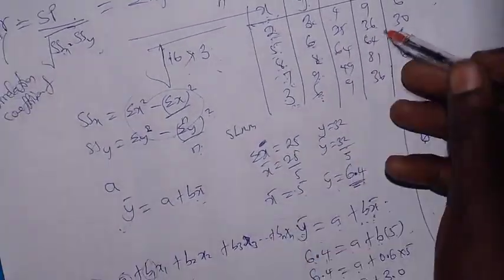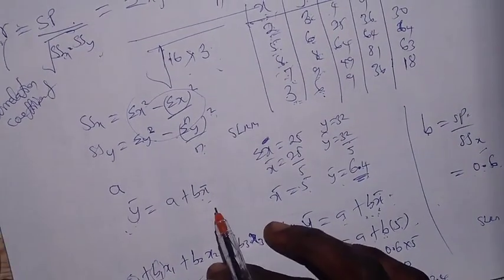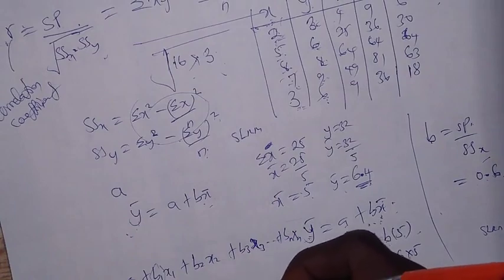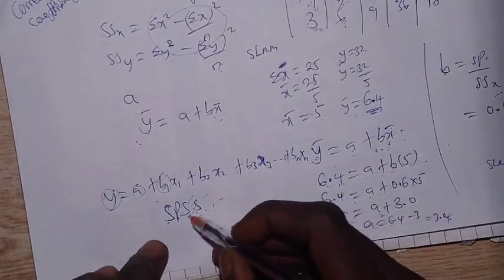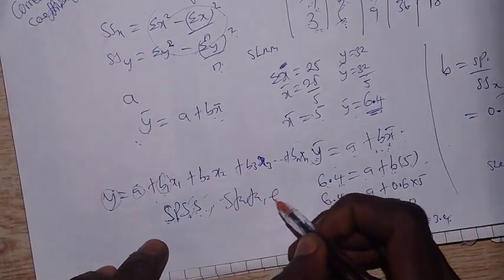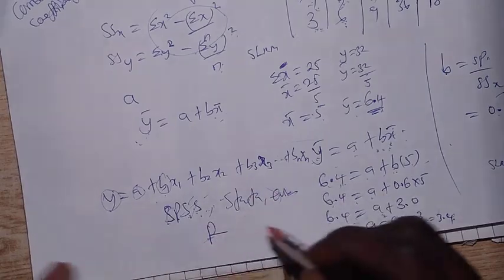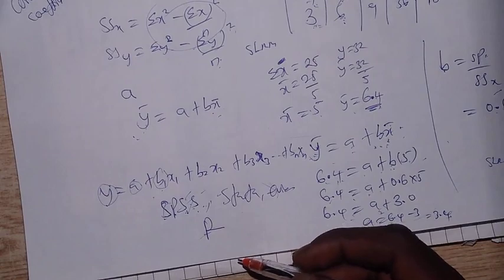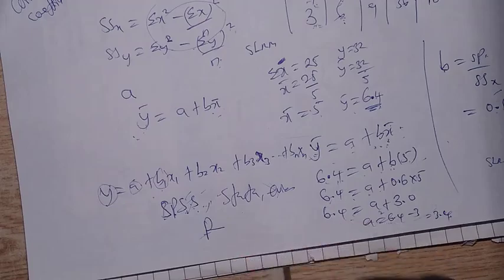SPSS can compute this, but for example purposes, and for you as agri-economists, to prove to yourself that you know what you're doing and what you're studying, this is extremely important to know. SPSS, Stata, EViews, R, all those are software packages for social science and agriculture particularly.